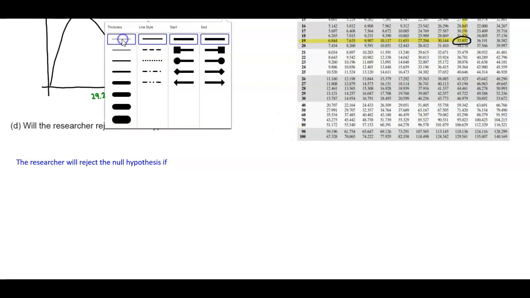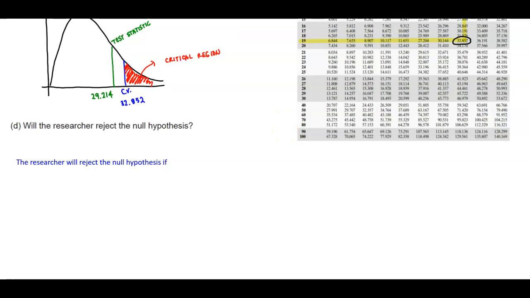If we compare the test statistic versus the critical value, we can see that the test statistic 29.214 is less than 32.852.